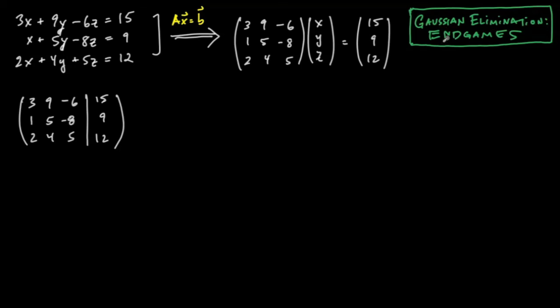You will recall that Gaussian elimination is a process involving three so-called row operations, three ways to transform the rows of our matrix. And of course, when we change the numbers in the rows, we change the underlying system of equations. But the three row operations are designed so that even though we are changing the system of equations as we make each move, the set of solutions to those equations remains constant.